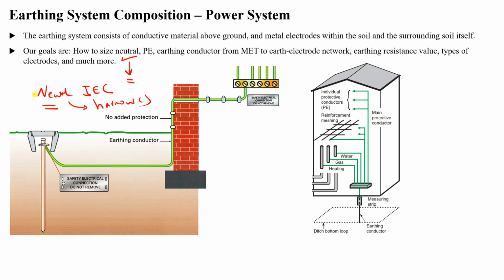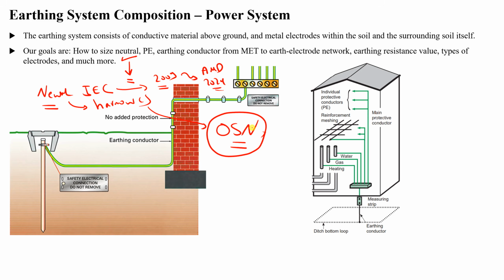We are going to look at IEC from the design perspective, the 2009 version, and also the update after amendment AMD in 2014 for the rules of sizing in the presence of harmonics. Also, we are going to look at what we call OSN, or oversized neutral, and circuit breakers which have this feature.